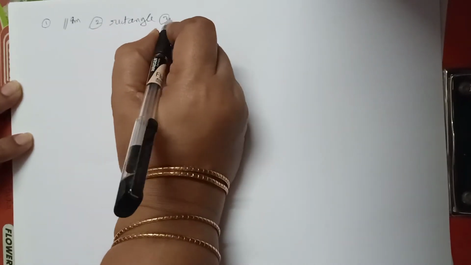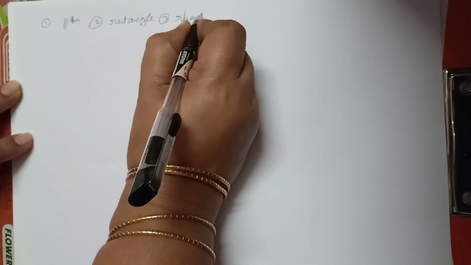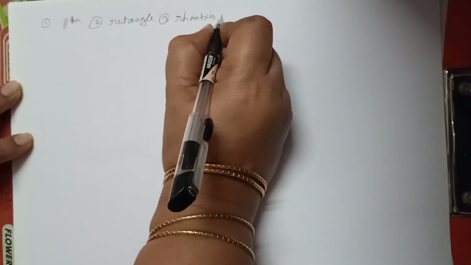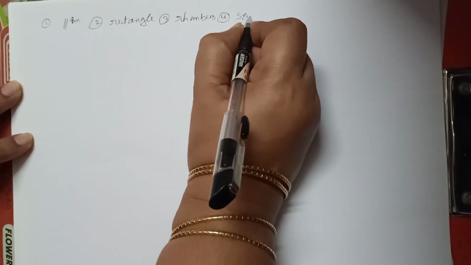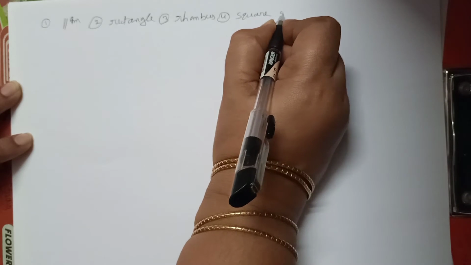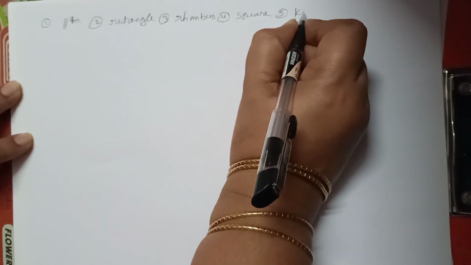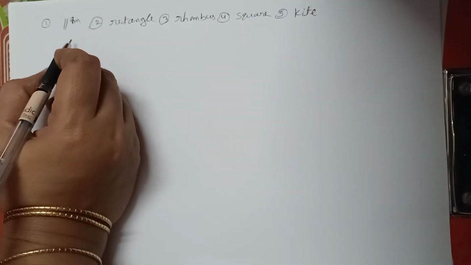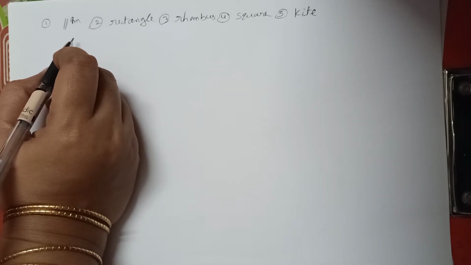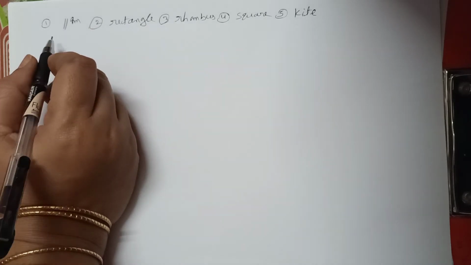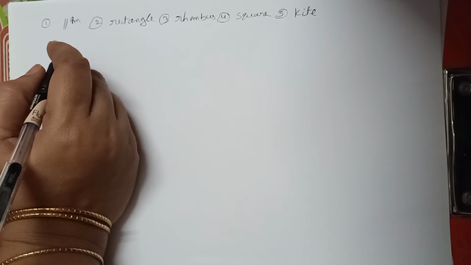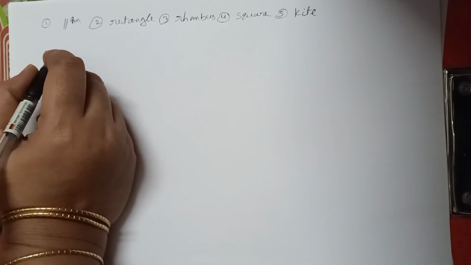Third one, rhombus. Square and kite. Now, first we are going to discuss the properties of parallelogram. So, today our topic is properties of parallelogram.